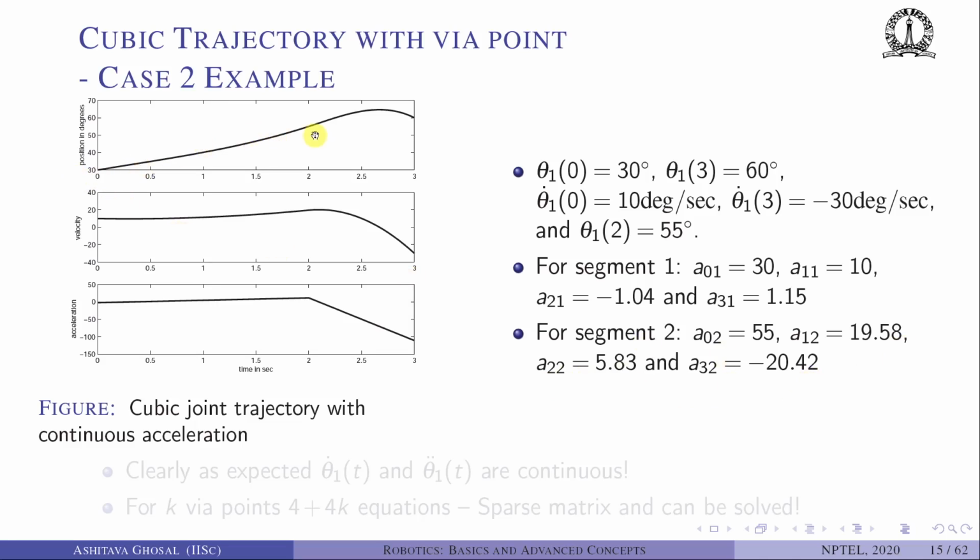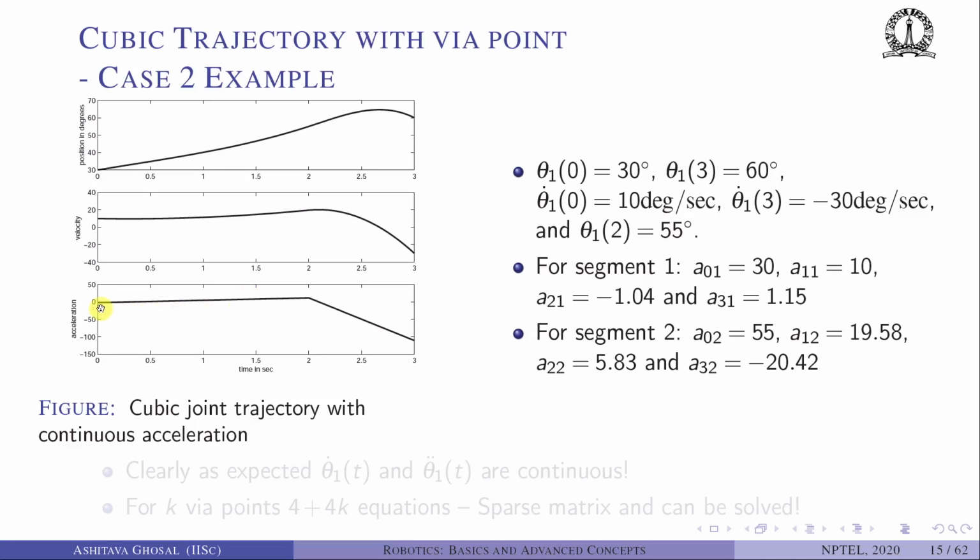So this is 1 cubic till 2, this is another cubic from 2 to 3. If you take the derivative, this is a quadratic up till here and another quadratic up till here. However, there is no kink. Why? Because we have matched the velocities at the via point t equals 2.